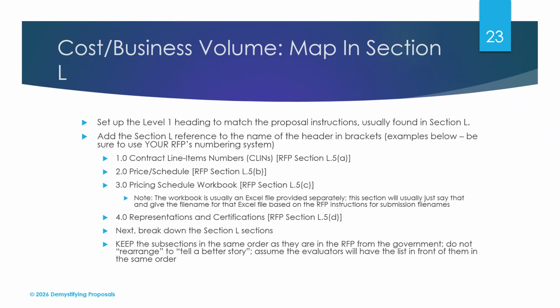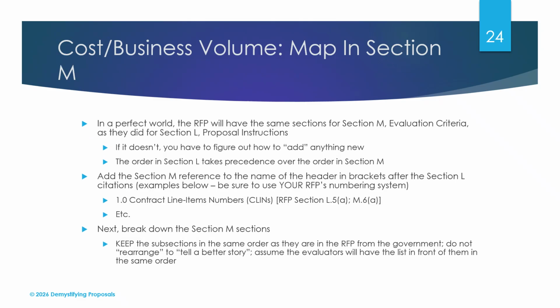Remember, keep the subsections in the same order as they are in the RFP from the government. Don't rearrange them. Just as with the technical volume, you need to map in section M. And just as in the technical volume, if there are different evaluation criteria listed in section M than there are proposal instructions in section L, then you have to figure out how to add anything new.